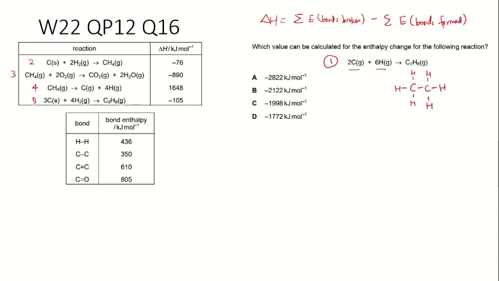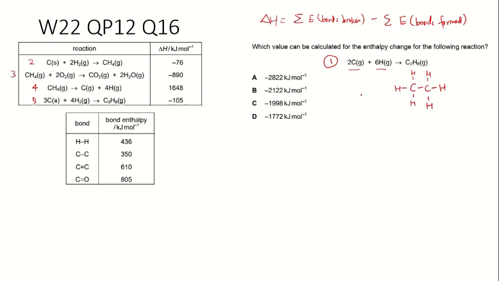Why this formula? Because to break bonds, we need to supply energy. It is endothermic. To form a bond, the formation of a bond will actually release energy. So it becomes negative, exothermic. That is why this formula.